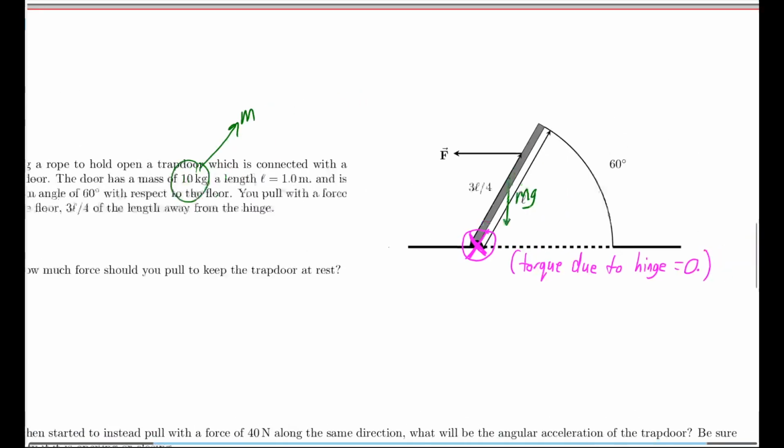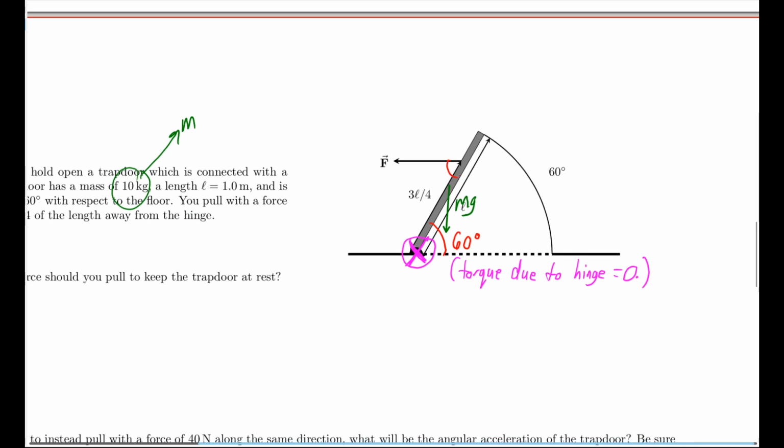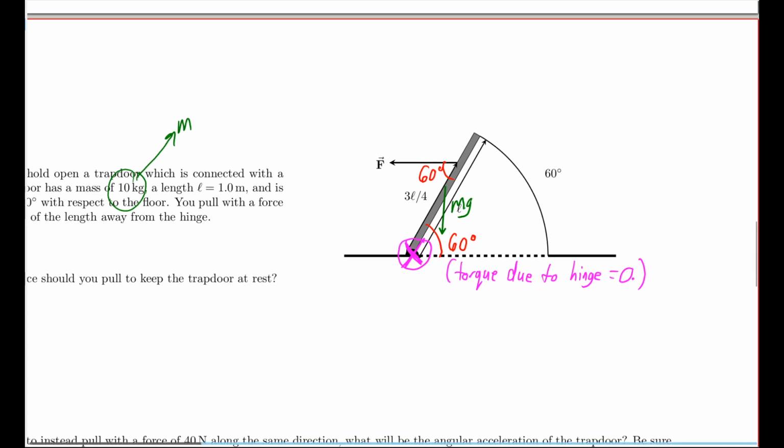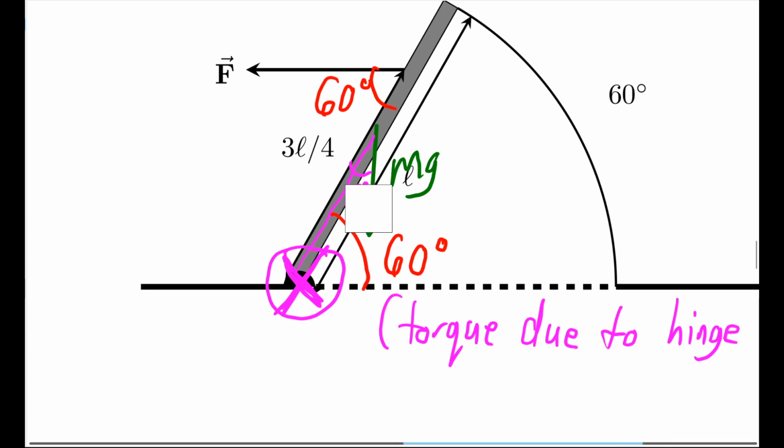We know that the angle is 60 degrees with respect to the floor. So that is 60 degrees. So that means that this is also 60 degrees. And this little angle in here, that will be 30 degrees. I can do a better job of writing that.